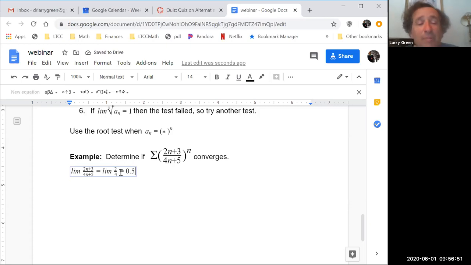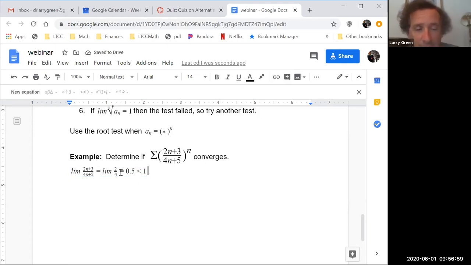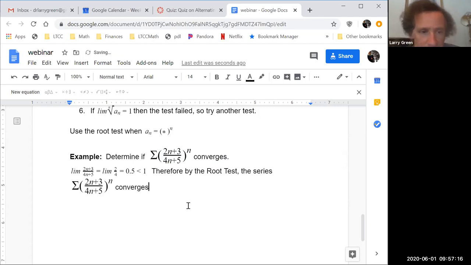And what's the important thing about the number 0.5? It's less than 1. And because it's less than 1, therefore, by the root test, this series, the summation of (2n+3)/(4n+5) to the n, converges.